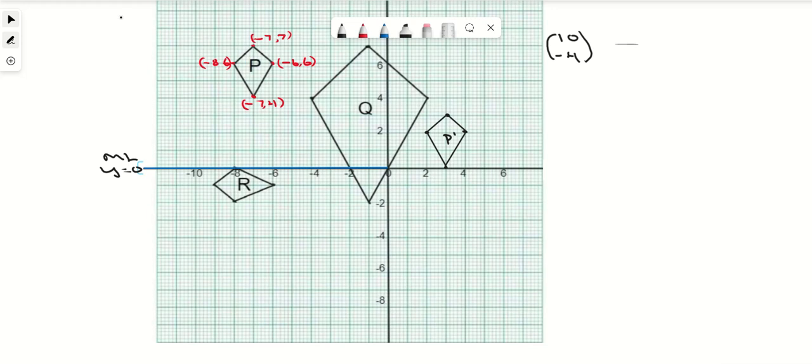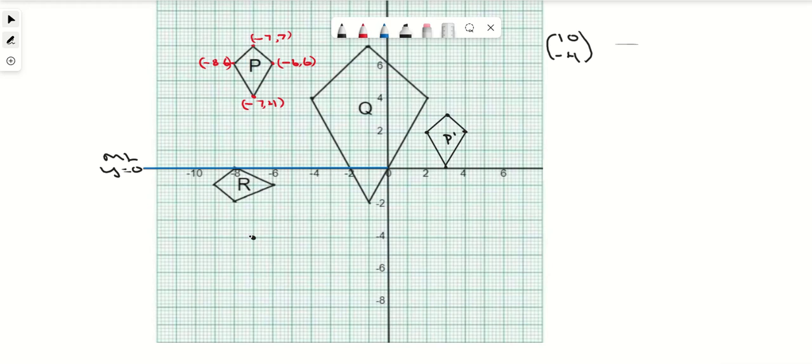So let's count. From this coordinate minus 7, 4 is 1, 2, 3, 4. So then you're going to go 1, 2, 3, 4. So you know your image is going to be this point, this coordinate right there.